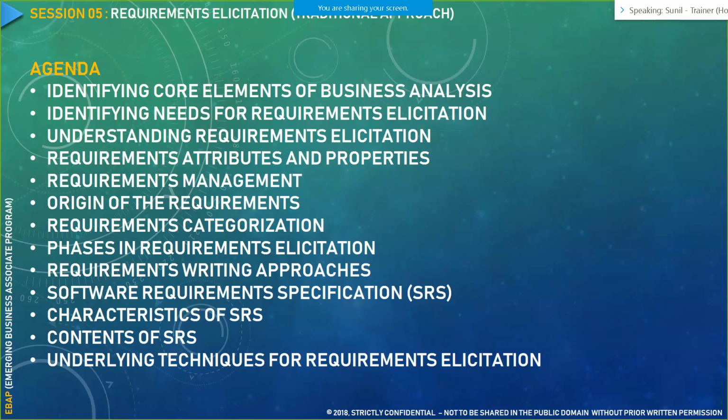Then how requirements are originated, what are the categories that are typically there in requirements elicitation when you come across a particular project, what are the different categories of requirement that you would see. After that, we would see what are the typical phases in the requirement elicitation process, how do we go about writing the requirements, and we would also see a template of software requirement specification.